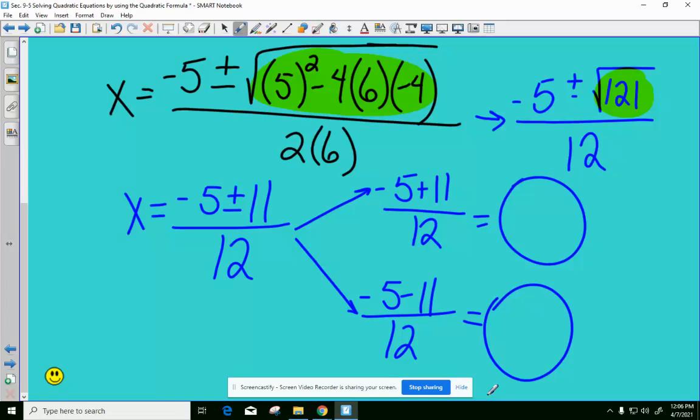Because the numerator of the first one is 6, and 6 divided by 12 is 0.5, or 1/2. In the bottom one, what's -5 minus 11? -16. And then -16 divided by 12 is -1.3 repeated.